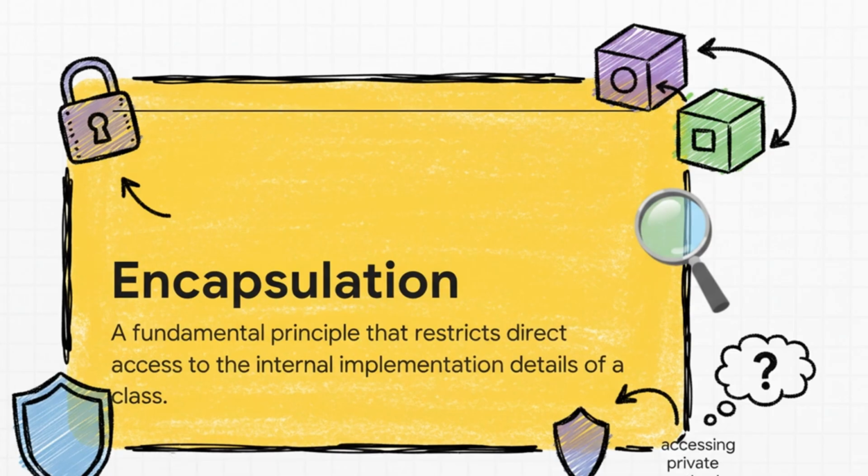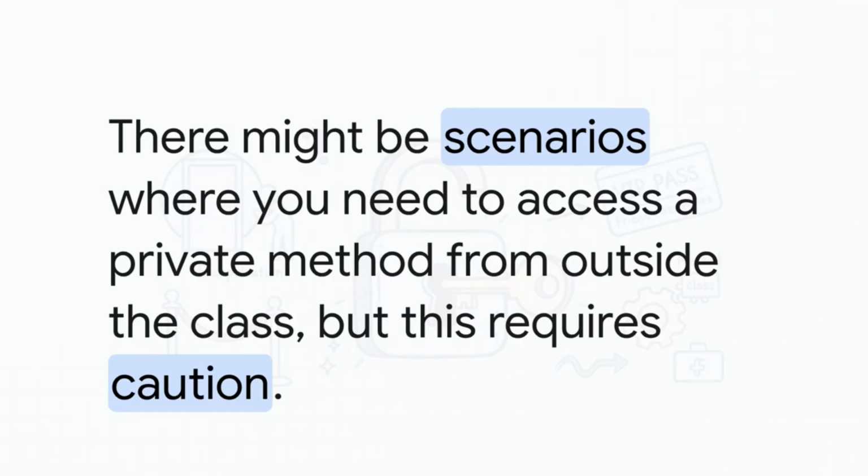It's basically a contract that your class makes with the rest of the world. It says, you can use my public stuff, don't worry about how I do my job internally. I've got it covered. This is huge because it means we can change the internal wiring of our class without breaking everyone else's code.